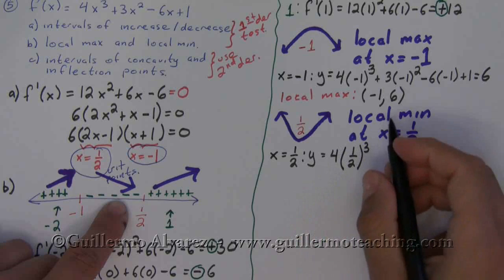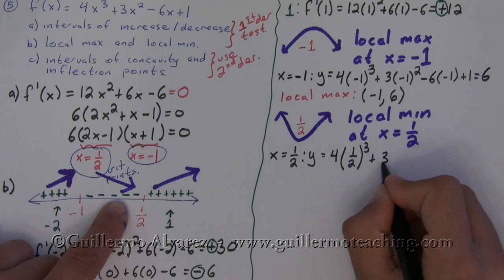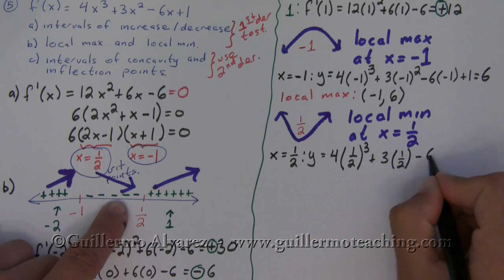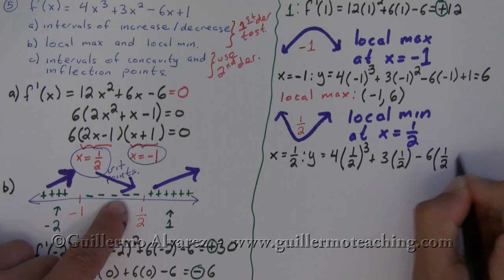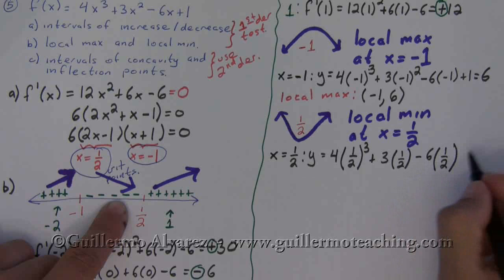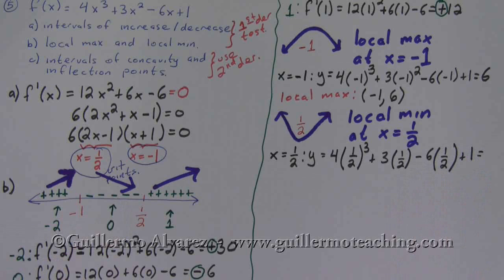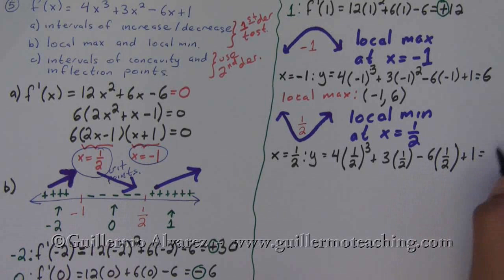So 4 times 1/2 cubed plus 3 times 1/2 squared minus 6 times 1/2 plus 1. And this is equal to -3/4.